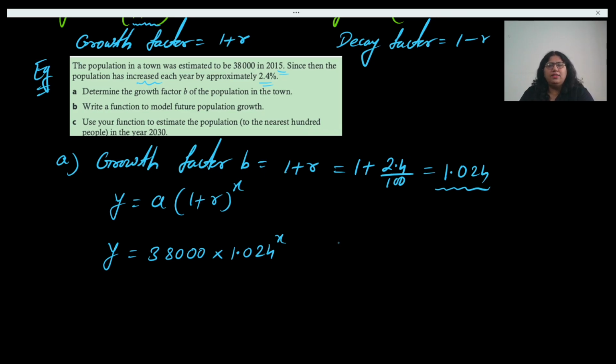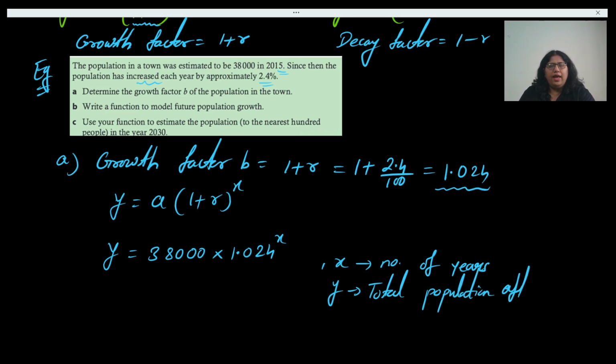Here x is the number of years, and y is the total population after x years. So this is your part b, because you need to model the function.